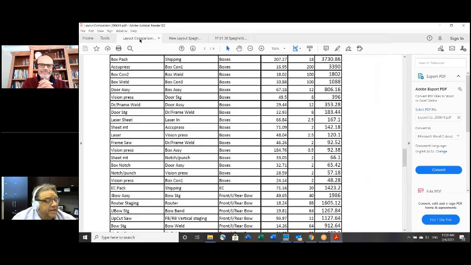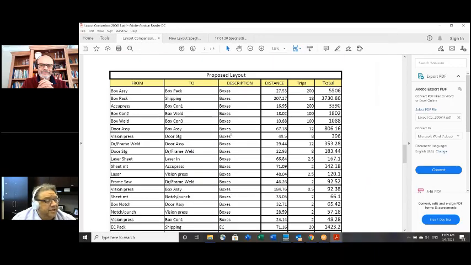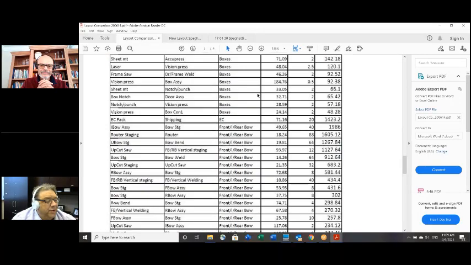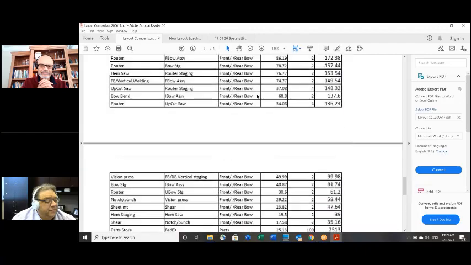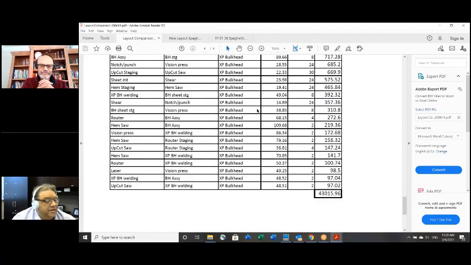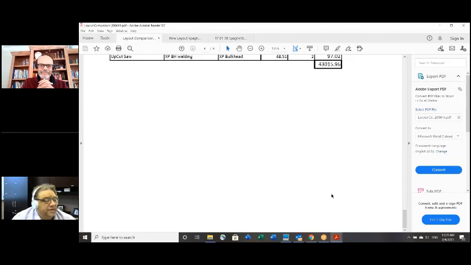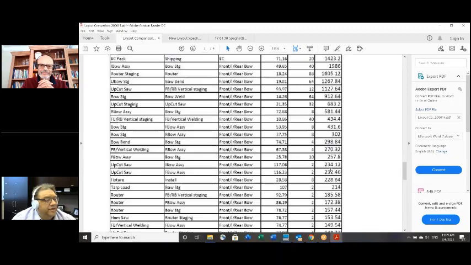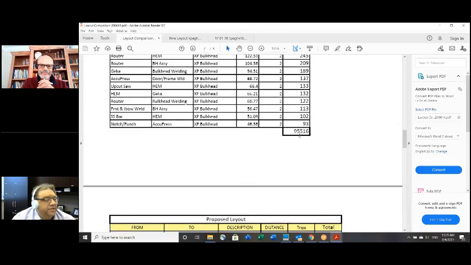When you talk about the actual comparison, the data is super handy here. Our proposed layout, which is the one we went with, versus our previous one, which was 100, is 95,516.